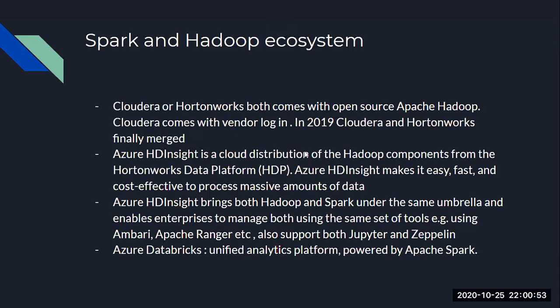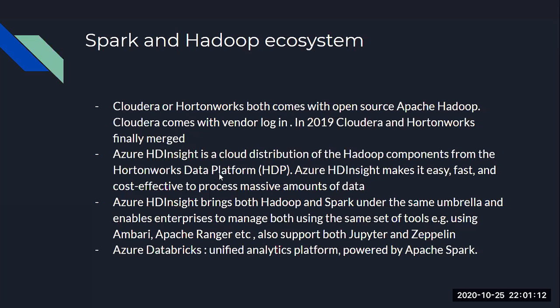And one of the good news or bad news, depending on you, is that in 2019, Cloudera and Hortonworks merged with one another. So nowadays, we just prefer Cloudera. We don't talk about Hortonworks anymore.